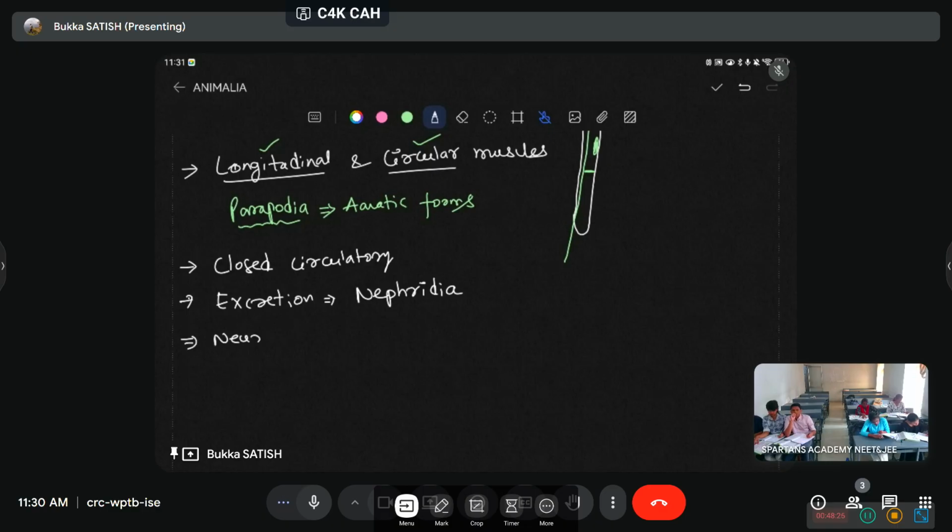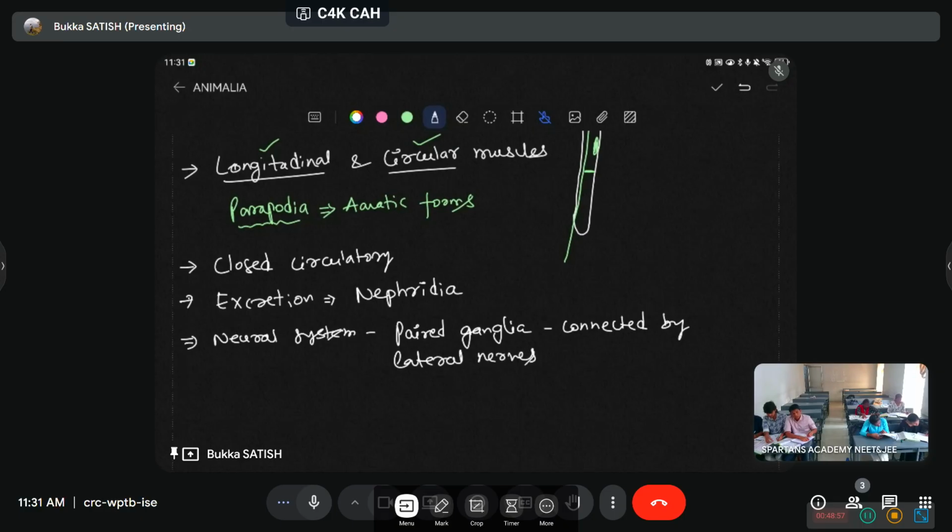Next, coming to the neural system. There are paired ganglia connected by lateral nerves to a double ventral nerve cord.